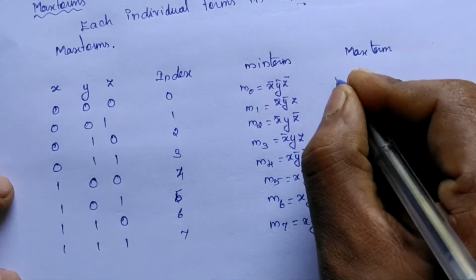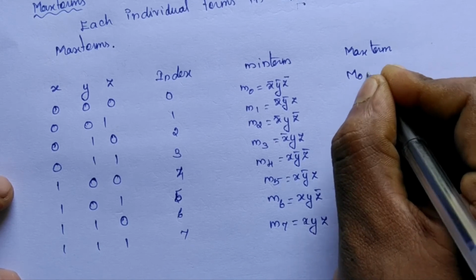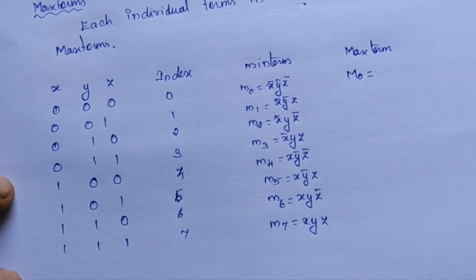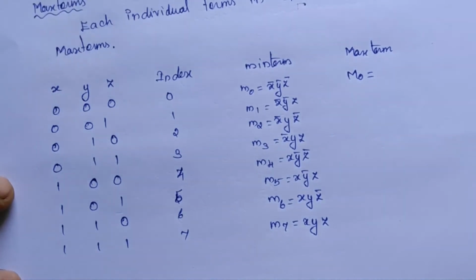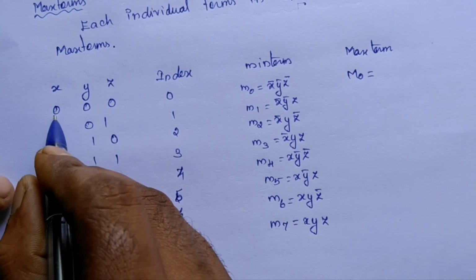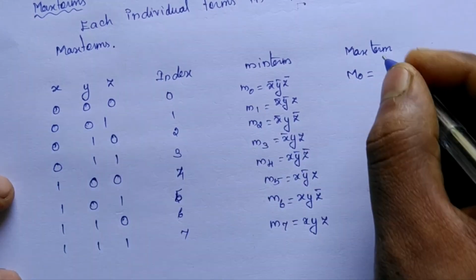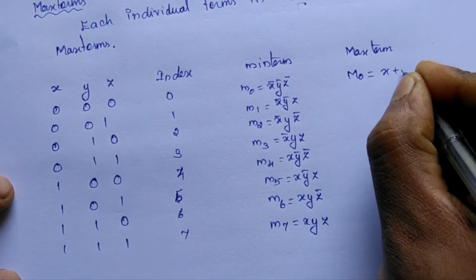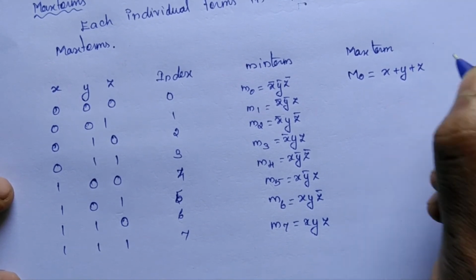Likewise for max terms, the max term is in POS form. Therefore here we will have OR operation between literals, and the values are complemented in max terms. Here we have 000, therefore x plus y plus z.